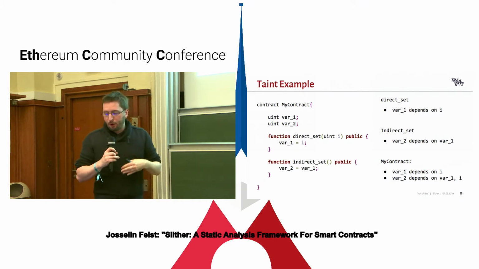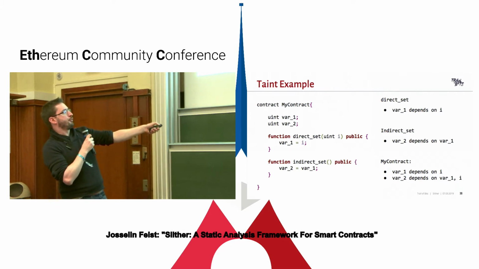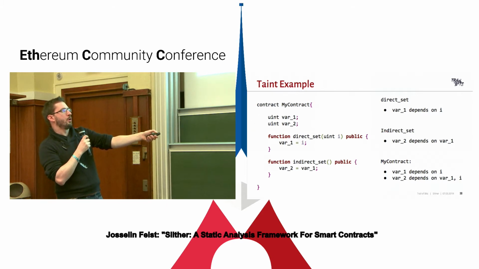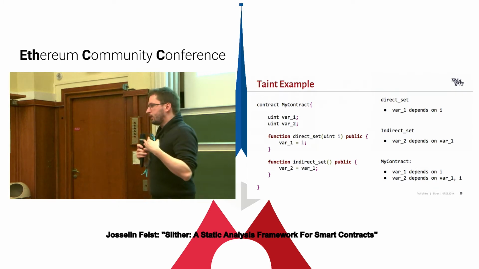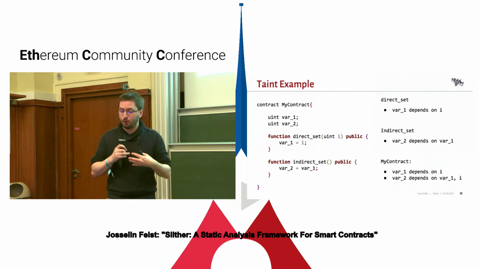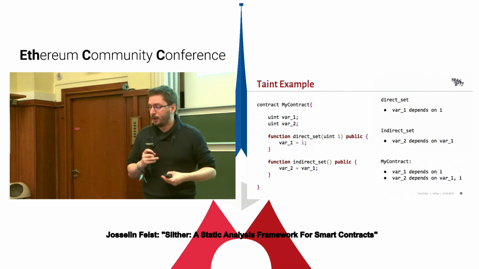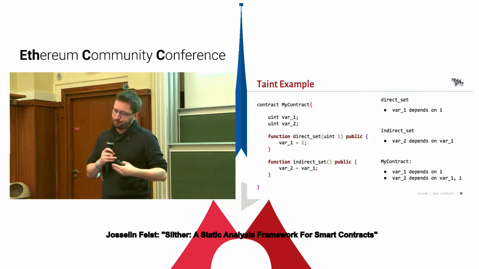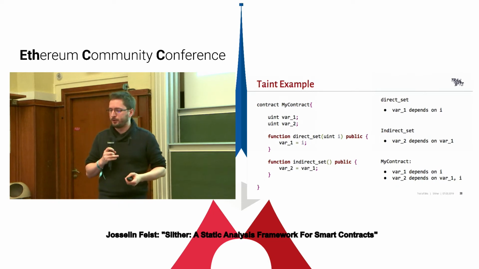We do a fixed point computation to find that if you call both of the functions, at the end you will be able to know that variable 2 can also depend on variable 1. Having this really precise representation and this precise information about the data dependency of your contract will help you to have precise vulnerability detectors. And it's really the main key to have precise analysis on top of Slither.